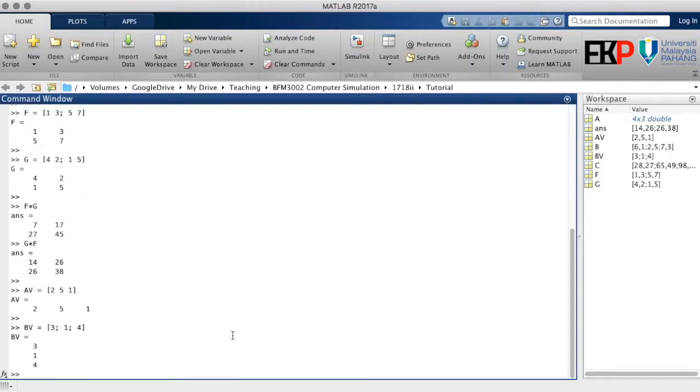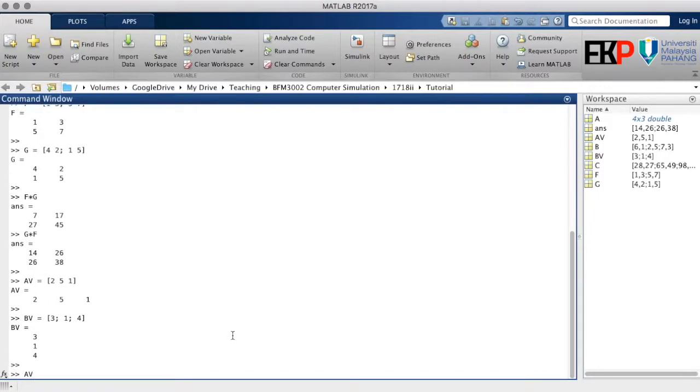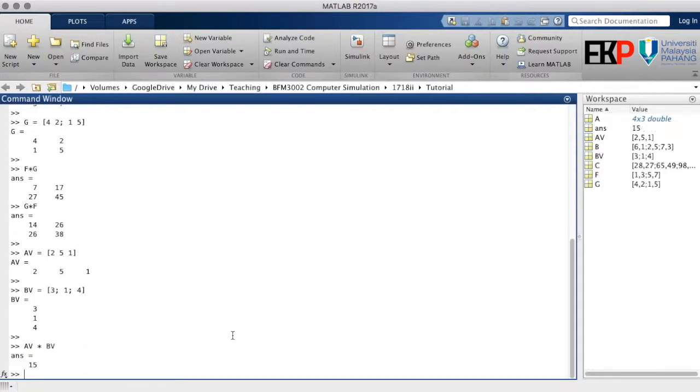So if we do AV times BV, what we will get is a scalar quantity because this is the result of the dot product of these two vectors.